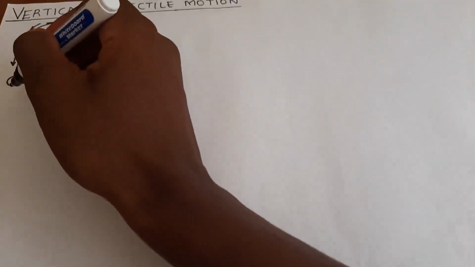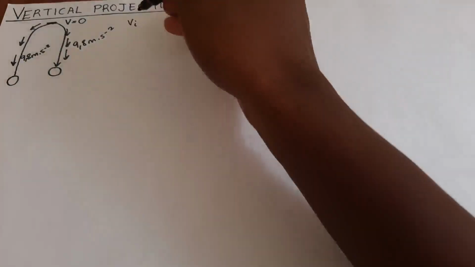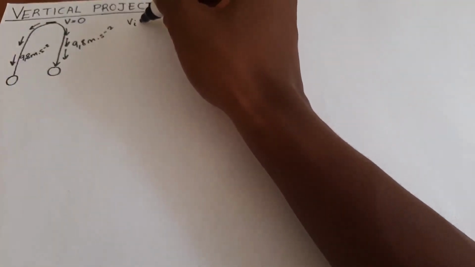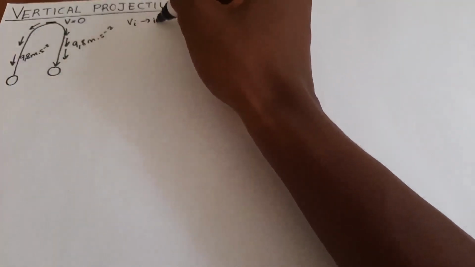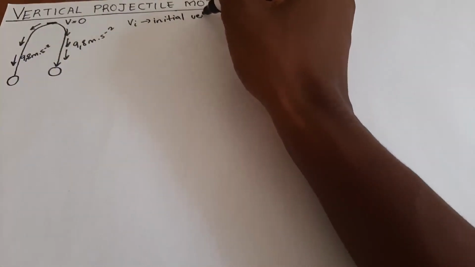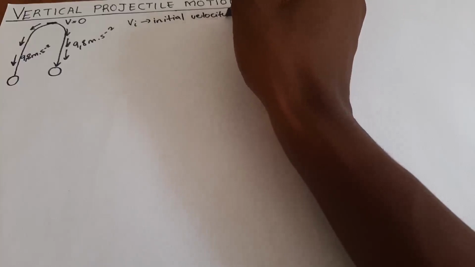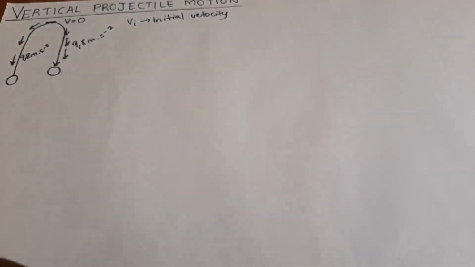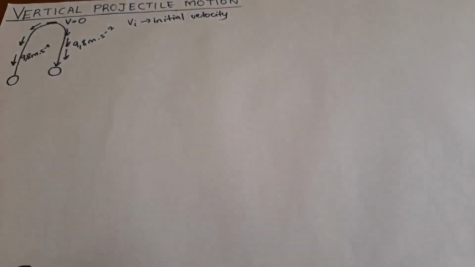The initial velocity is the velocity that appears just after the force has been applied to push the object upwards. So this is the initial velocity.